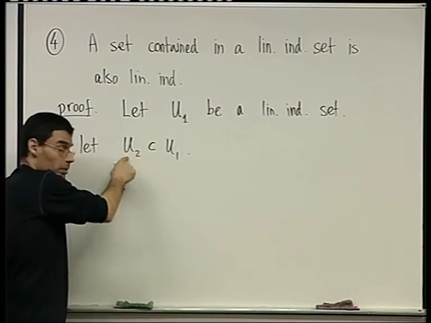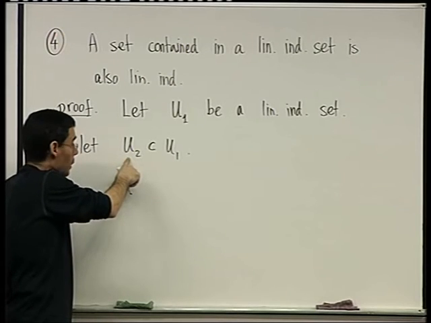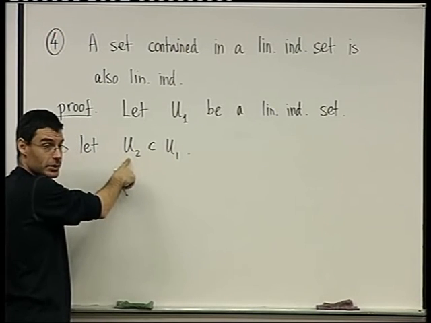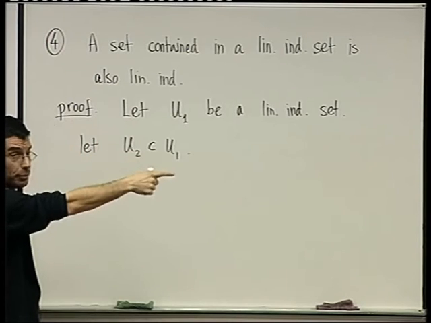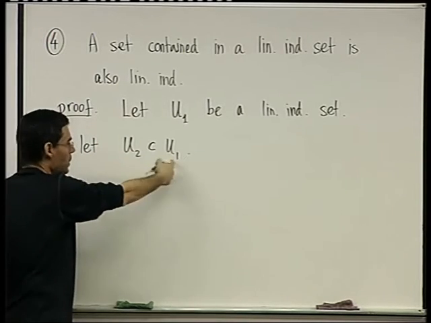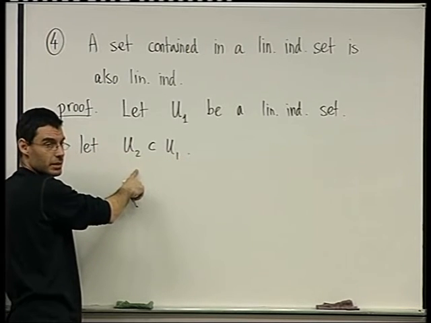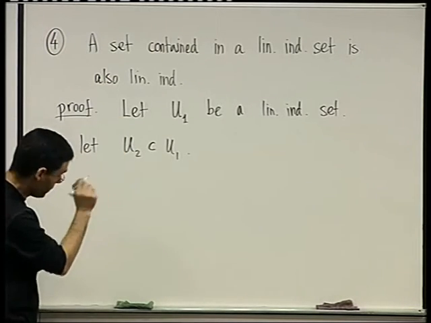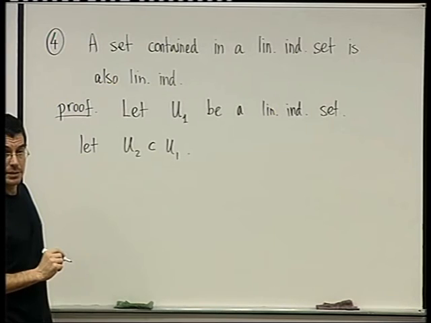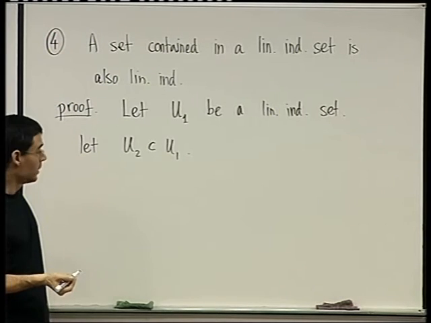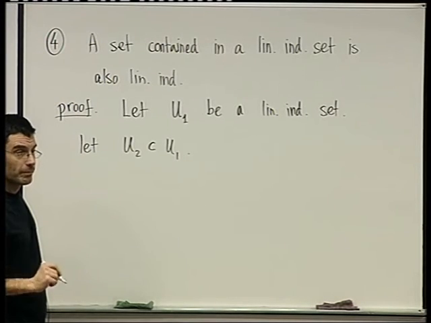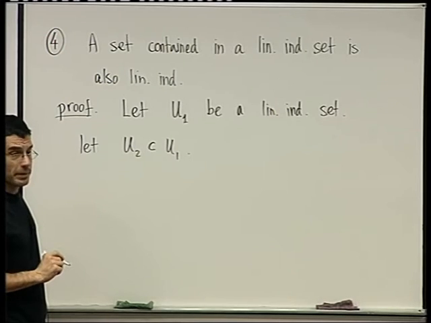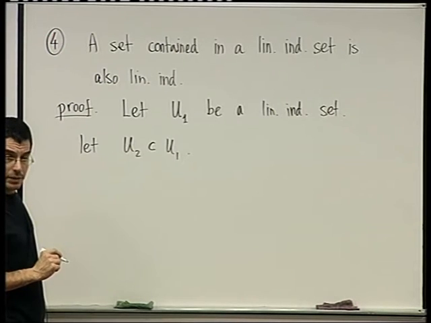If U2 were linearly dependent, then by theorem number 3, U1, which is a set that contains it, would also be linearly dependent. But U1 is linearly independent. So that obviously can't happen, right? Clear?